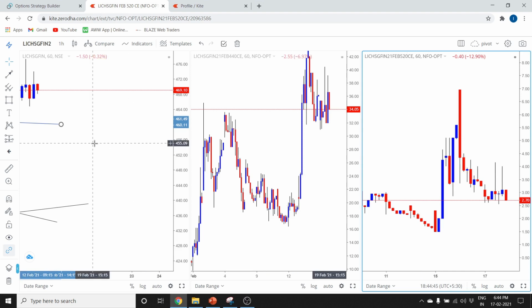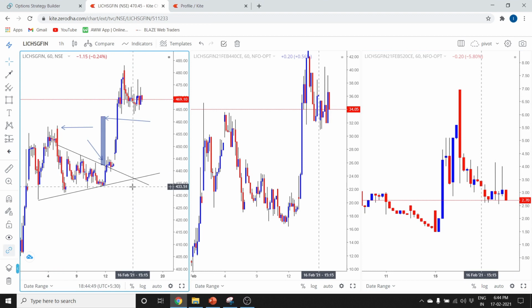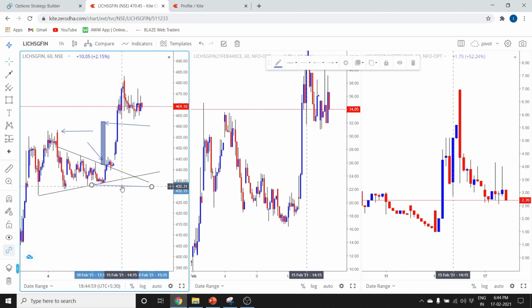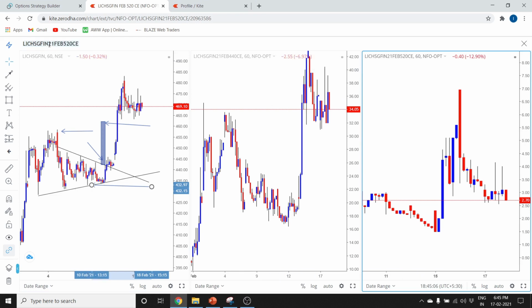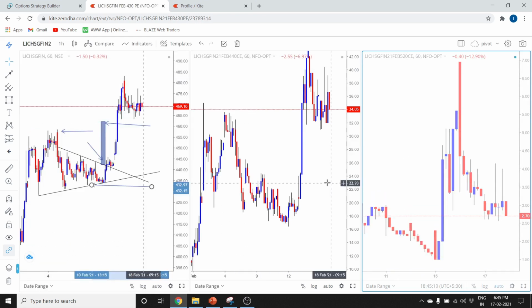And in the same way on the put side for entering, I'll see at what level delta should be 0.1 or 0.15, between that. I'll also match it with the major support level, so it should be below the major support level. So in this case we can sell a put at the 430 level. So LIC 430 put.